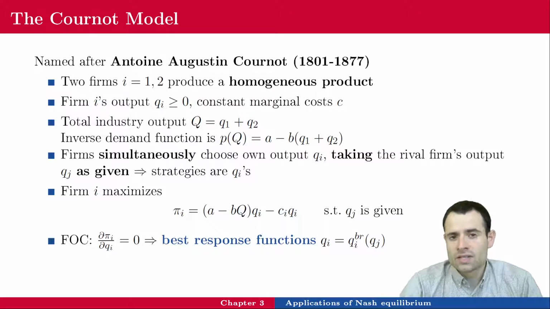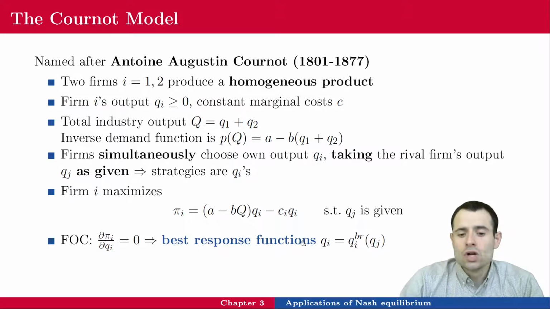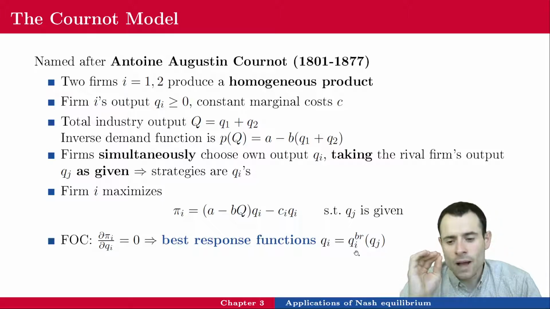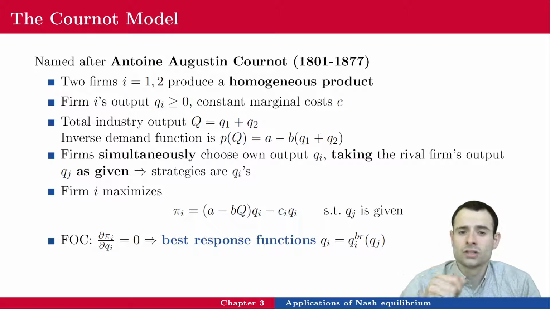Because this derivative will include qj, qj being the quantity set by the other firm, which is going to be embedded in big Q. This will give you qi, the best response, so the best quantity firm i can set when the quantity that firm j sets is equal to qj. So again, it is a function of the other firm's strategy.